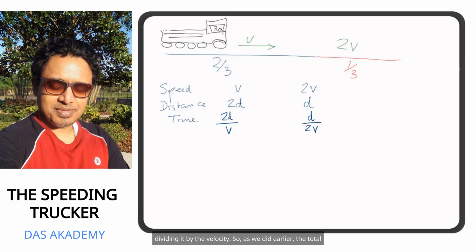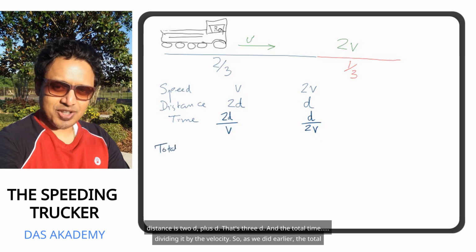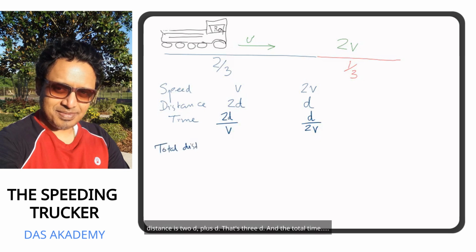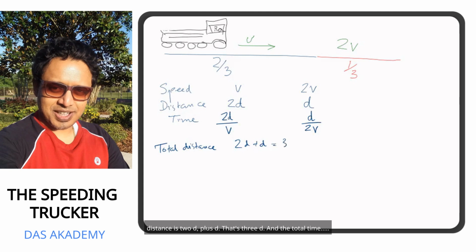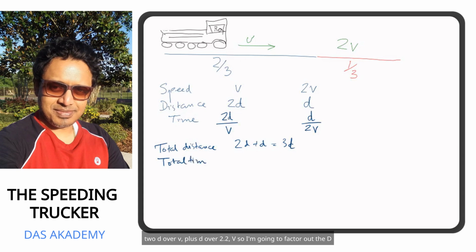So, as we did earlier, the total distance is 2d plus d. That's 3d. And the total time is 2d over v plus d over 2v.